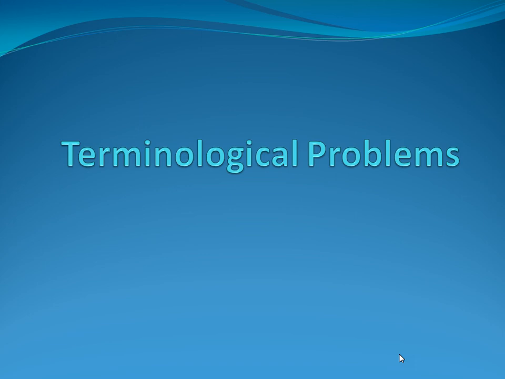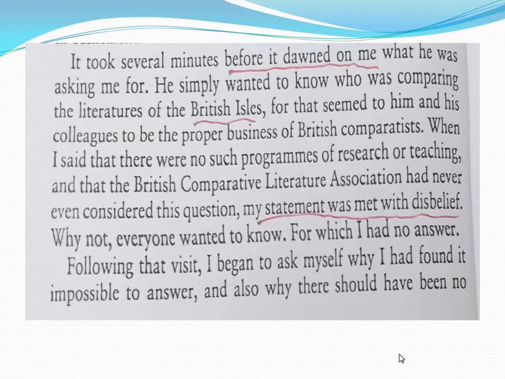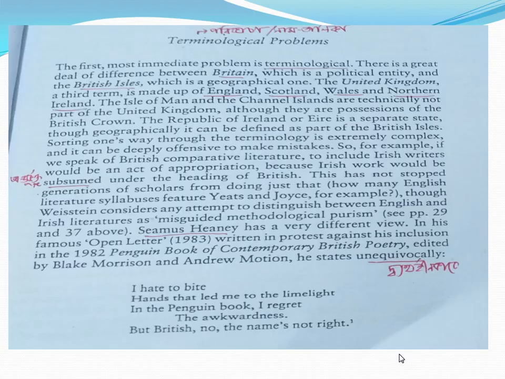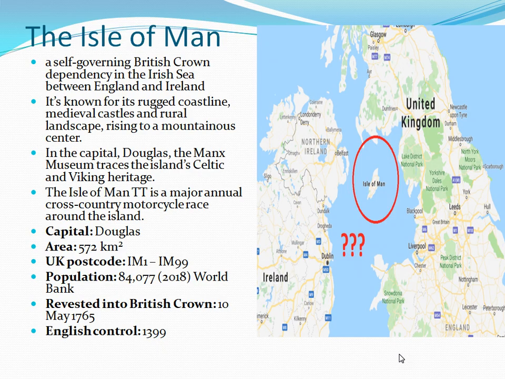For this reason the title is comparing the literature of the British Isles. It means that the United Kingdom is not only a combination of 4 states, it is a combination of some other states too. Actually there is a state whose name is the Isle of Man.